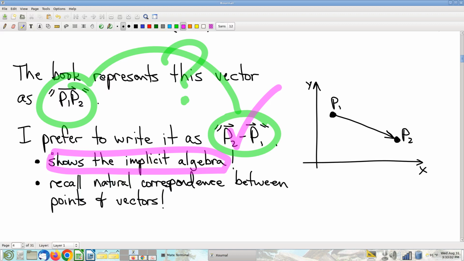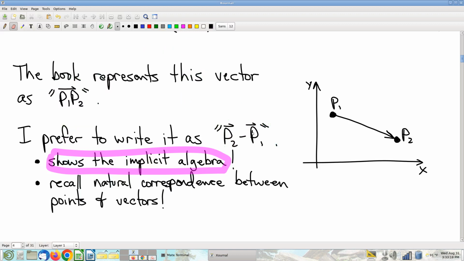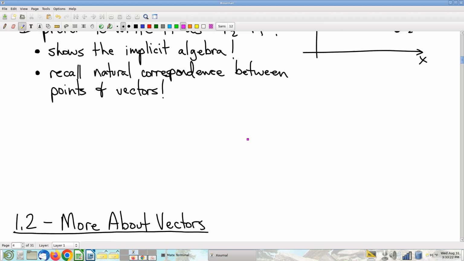Algebra is useful, right? So in the vast majority of cases, I'm going to write it like this because I think it's more transparent and more useful notation. It's just a personal preference. There's nothing wrong with the way the book is doing it, but I just wanted to clarify why you're going to see different things from me than from the book.